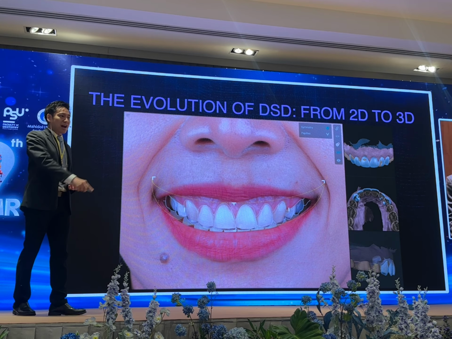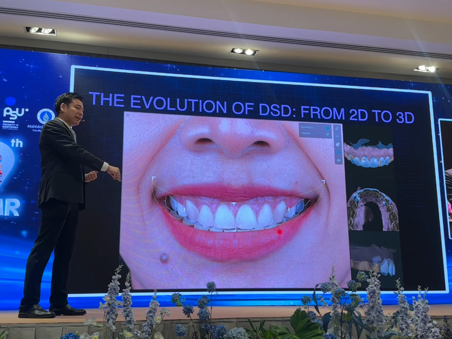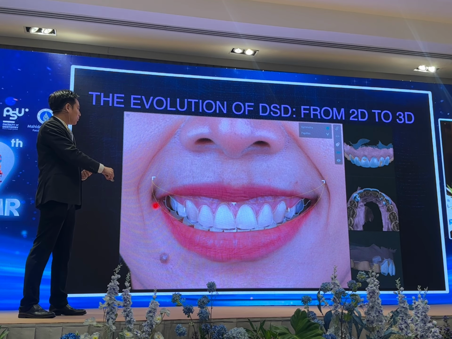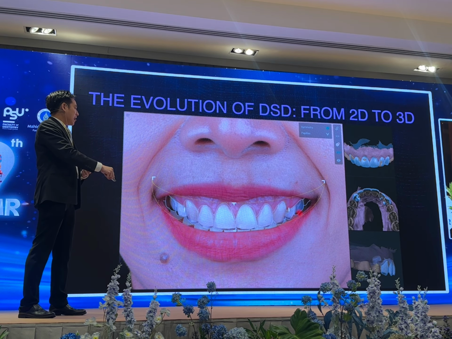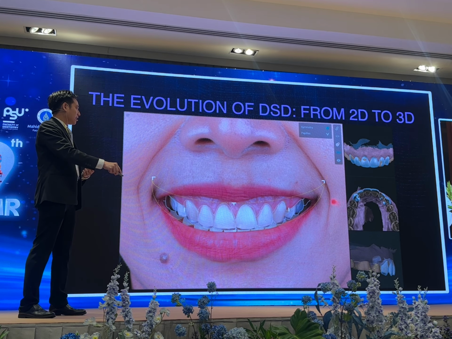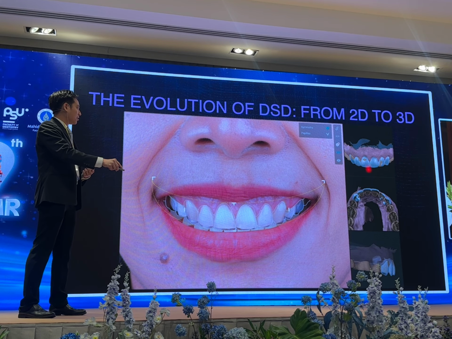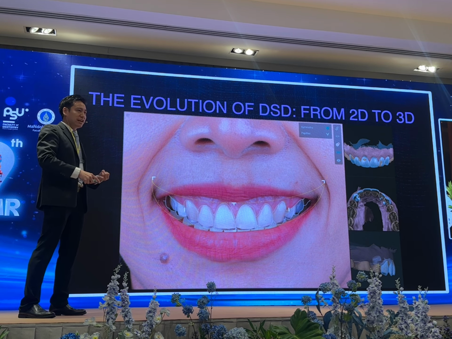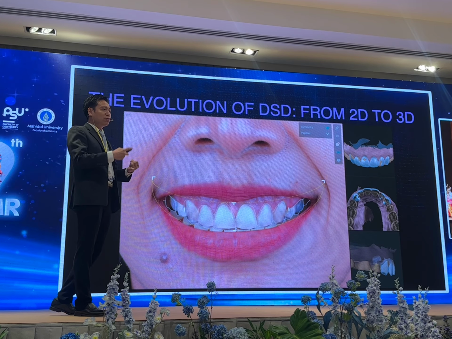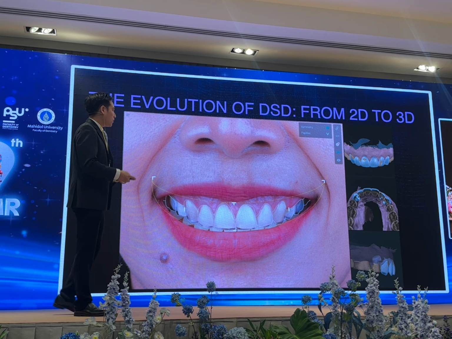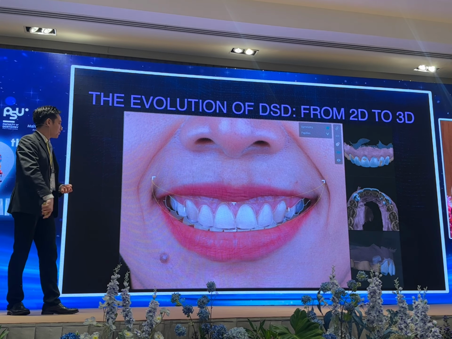So if we put everything together in the same place in the software, you can do the 2D smile design and at the same time see what's going to happen in the real life of the patient. You can see every direction in detail: the occlusal plane, the close view, occlusal view, labial view.